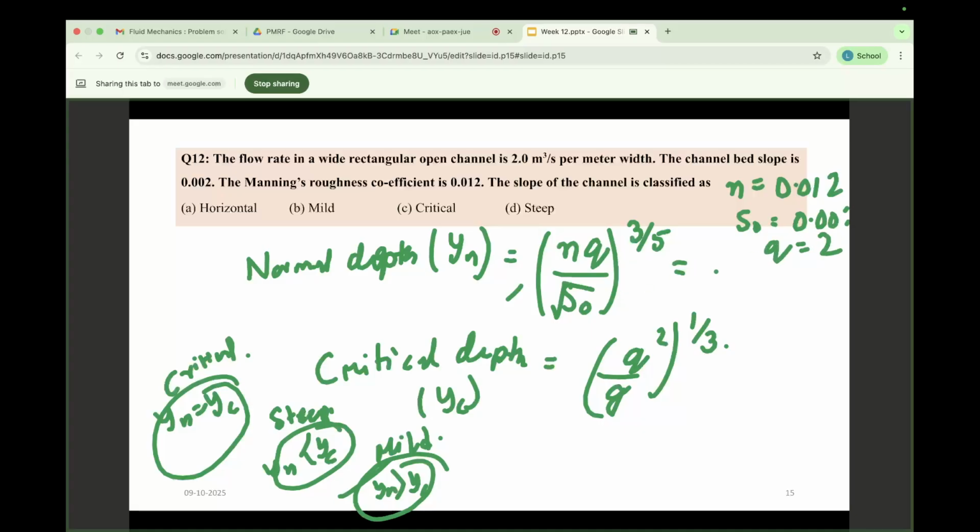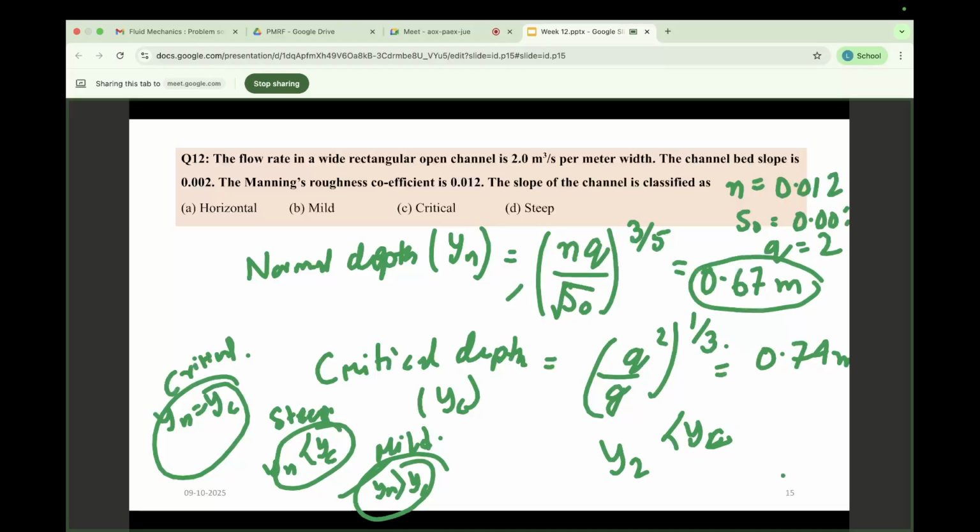If I put all these things here into the power, you will get a value around 0.67. Okay, so that is yn. And similarly, if you put this value here, you will get a value around 0.74 meter, right? So what does that indicate? Which one is greater? yc is greater. So I can write yn is less than yc.